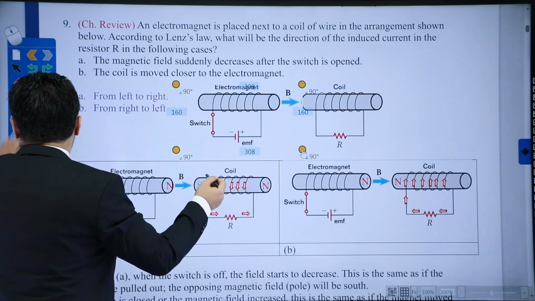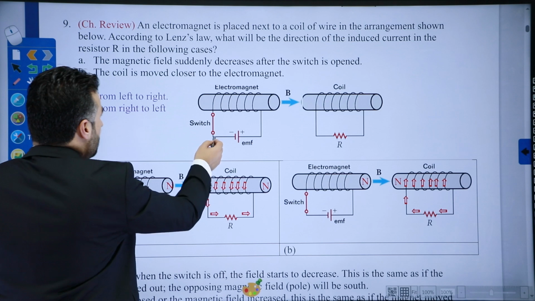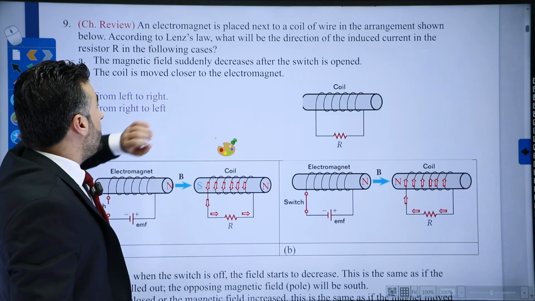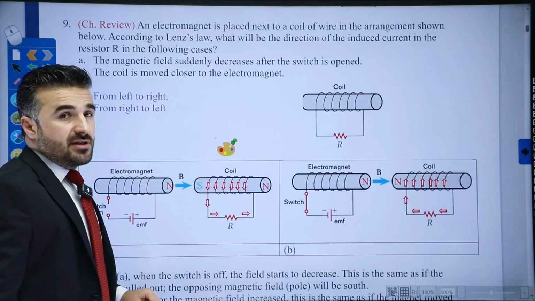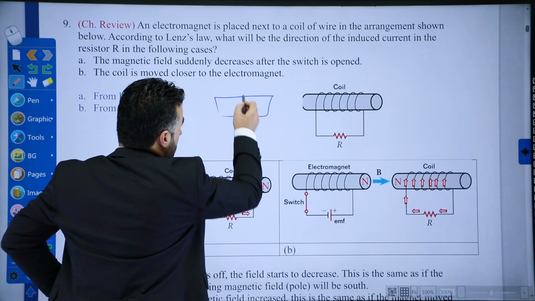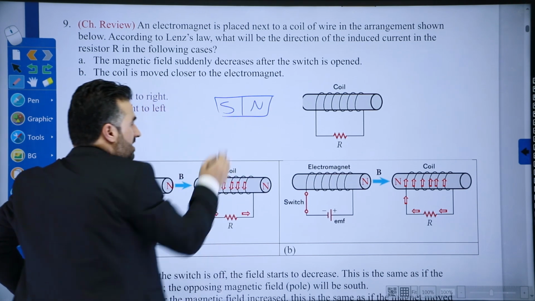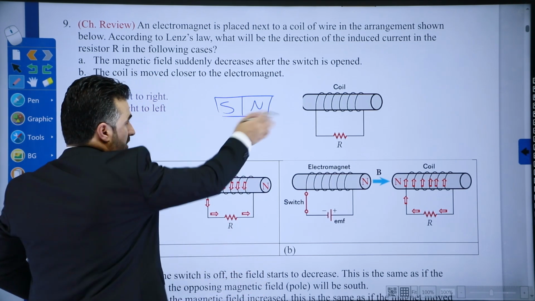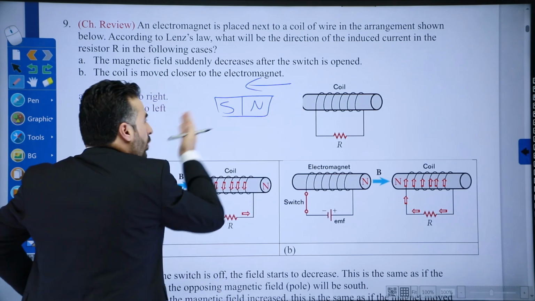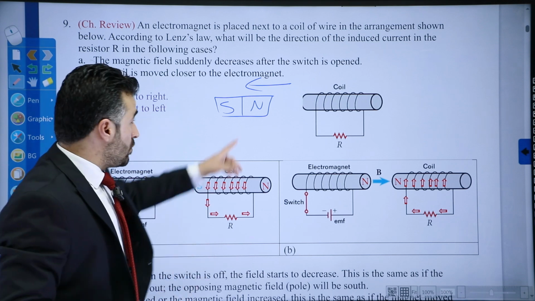All right, so what does it say? It says the magnetic field suddenly decreases after the switch is open. This is the same as if we have a bar magnet. Let's say this is the north side and this is the south side of the poles here, and we are going to pull this magnet away from the coil. If that is the case, watch this, guys.